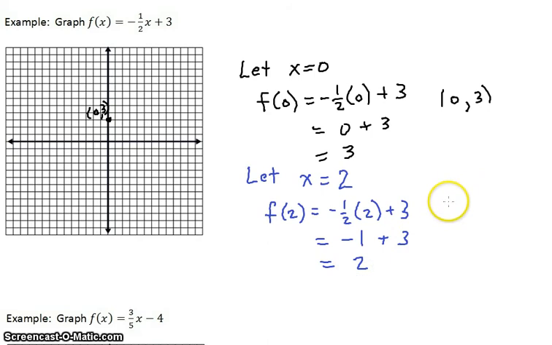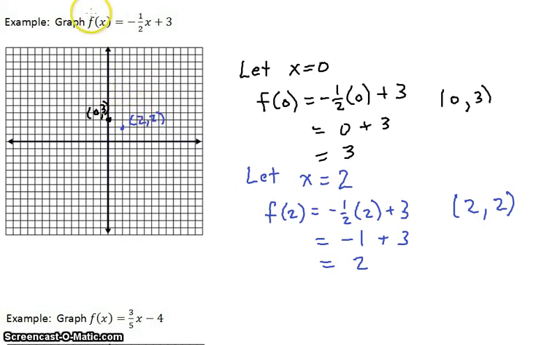So my answer for this point is 2 comma 2. So I go over 2, up 2, and there's my next point, 2 comma 2. Both of these points are on the line.